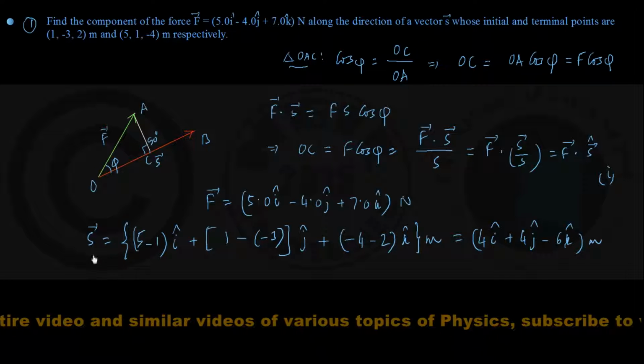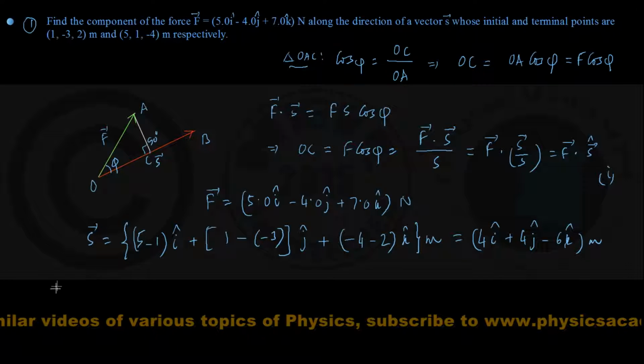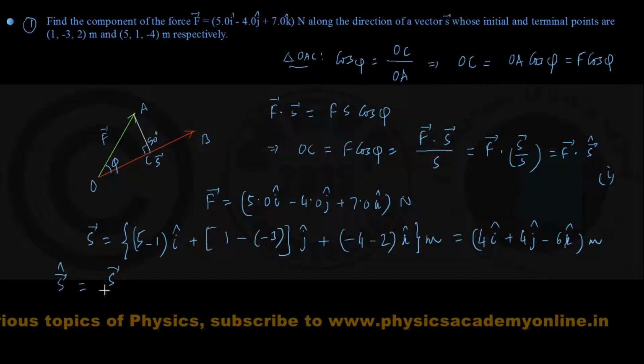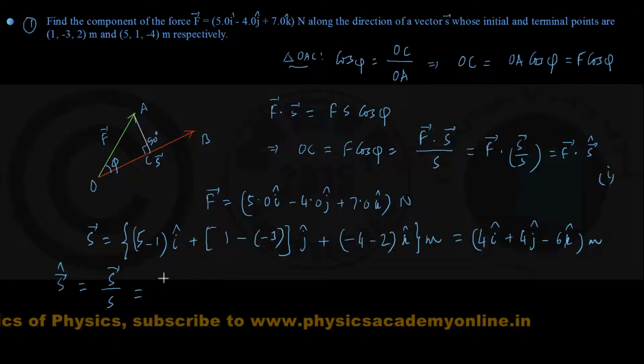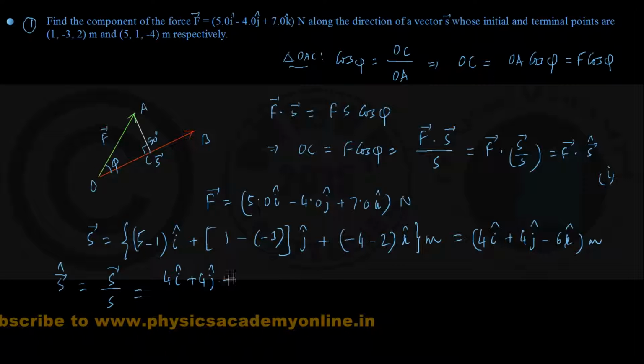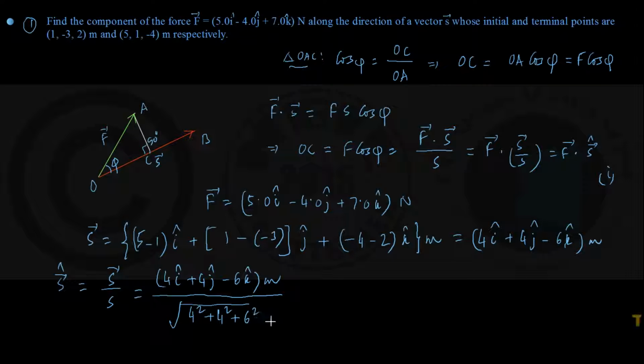Once we have got the displacement vector, the unit vector of the displacement vector, that is S cap, is found by the vector S divided by its magnitude. The vector S is 4i cap plus 4j cap minus 6k cap meter in the numerator, and the magnitude of the displacement vector is the square root of 4 square plus 4 square plus minus 6 whole square, in meters.